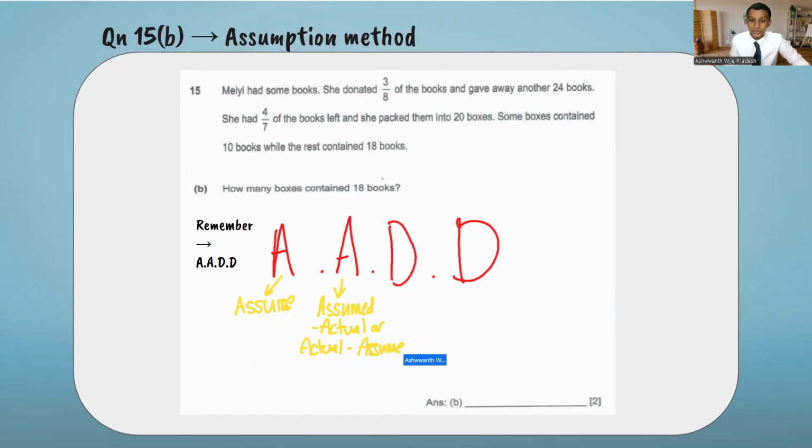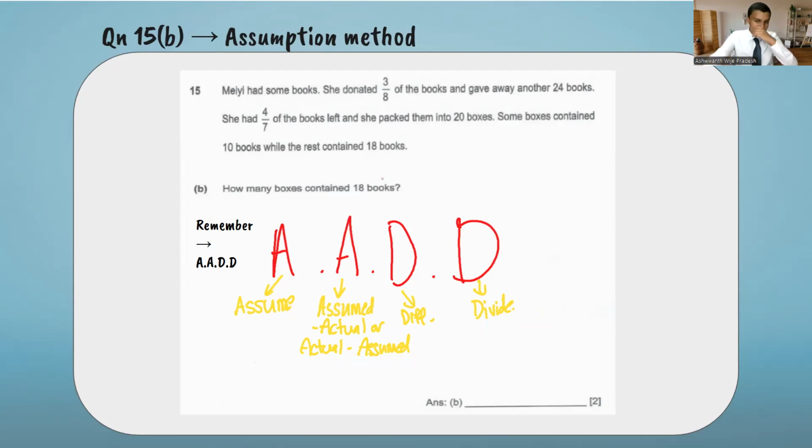It depends on which is greater and which is smaller. Then the first D is difference. And the second D is divide. So this is the 4 steps that we need to take.